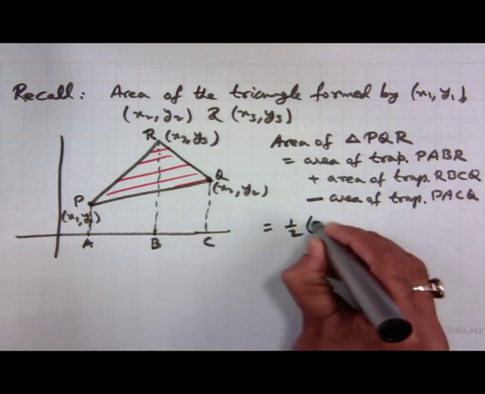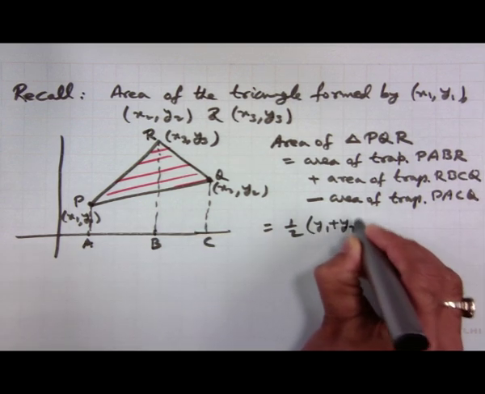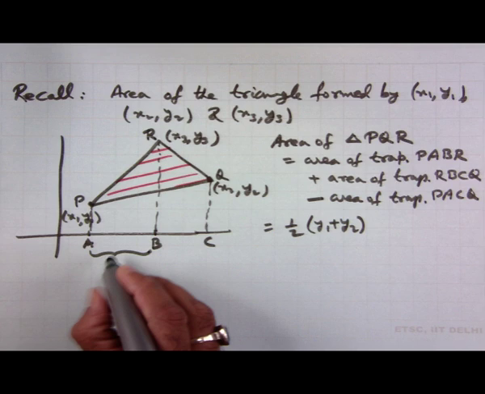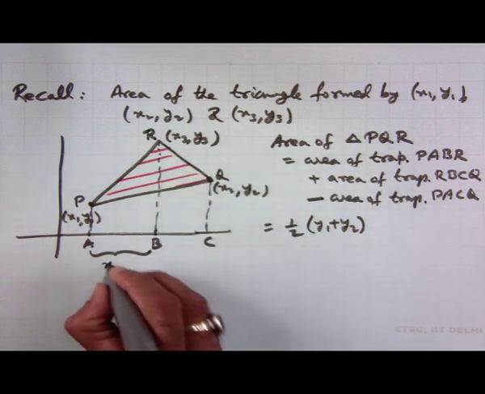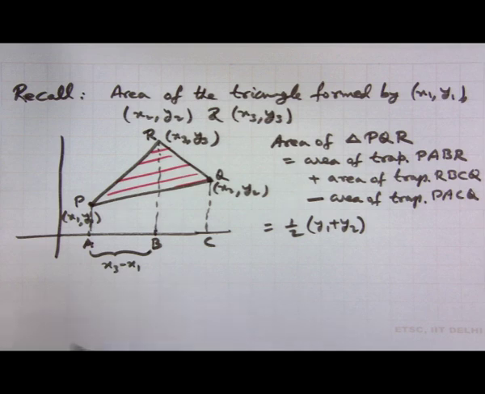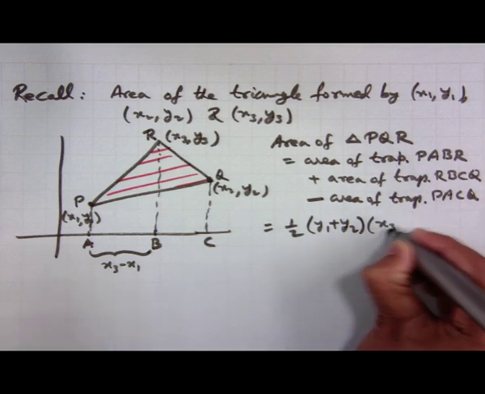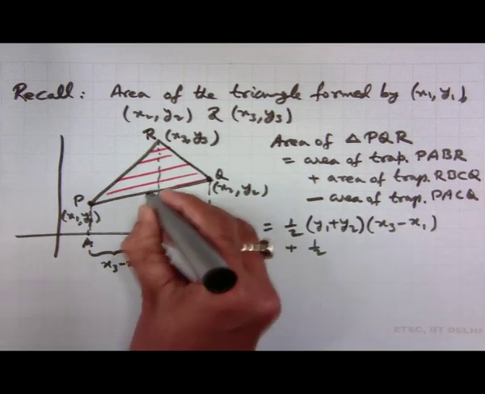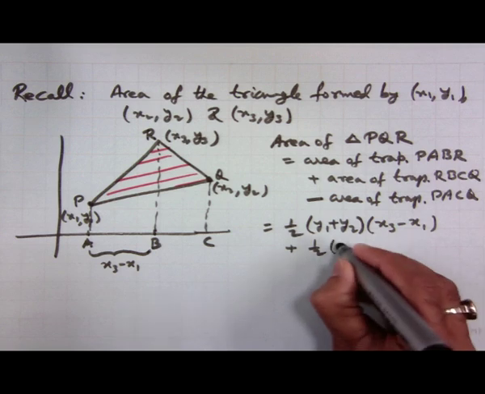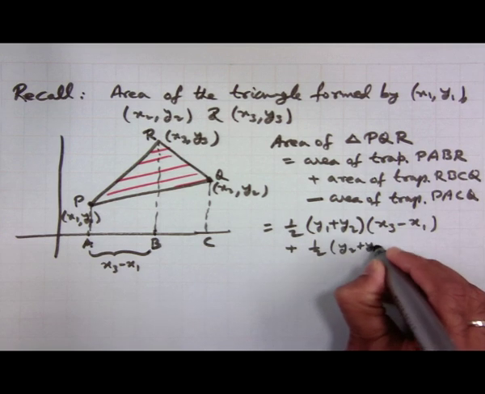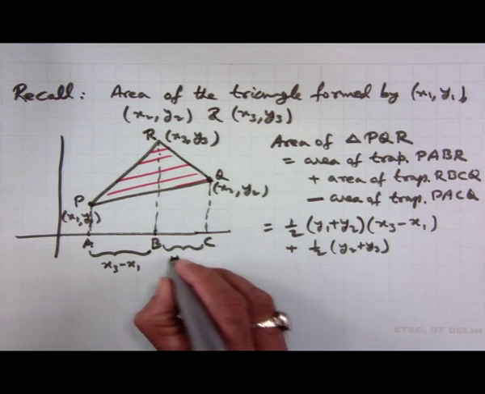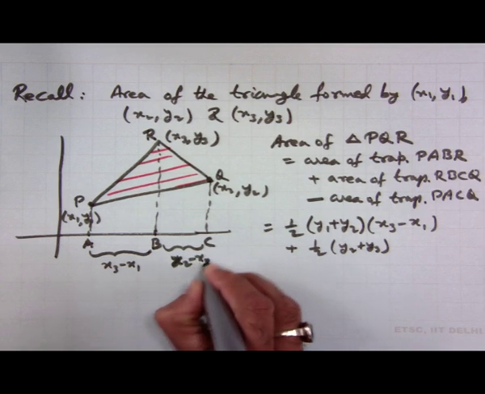So, half y 1 plus y 3 times this distance here, x 3 minus x 1, plus half of this one will be y 2 plus y 3 times this distance, x 2 minus x 3.